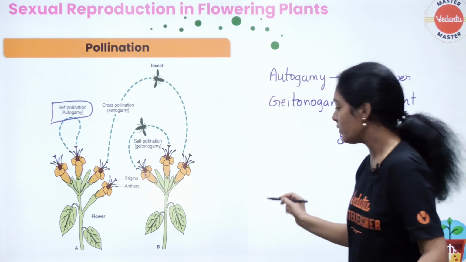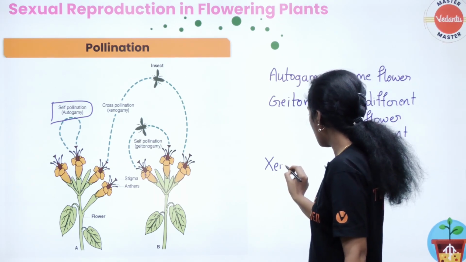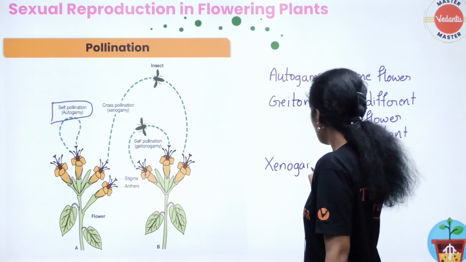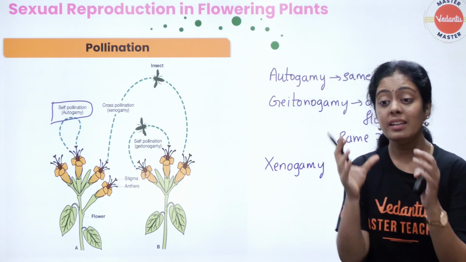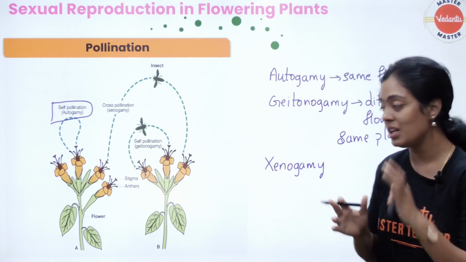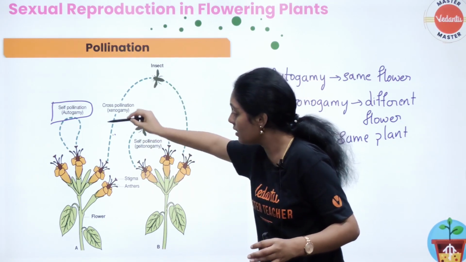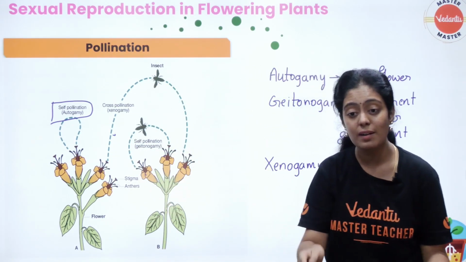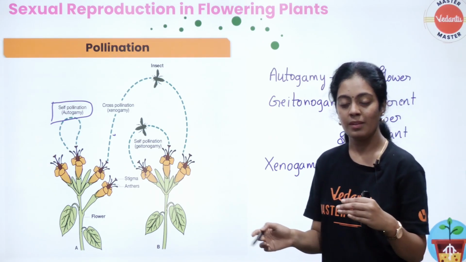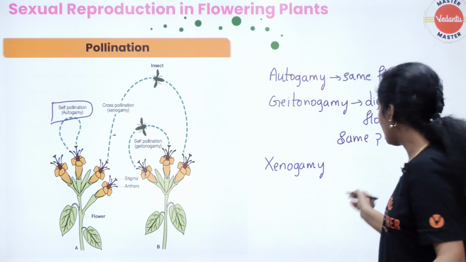Okay, the last one we have here is xenogamy. So what is xenogamy, children? This is the technical cross pollination. Look, from the anther to the stigma of a different flower, different plant. Flower is different, plant is different.